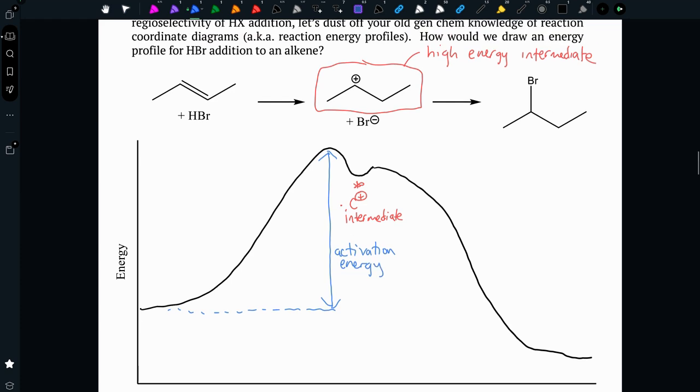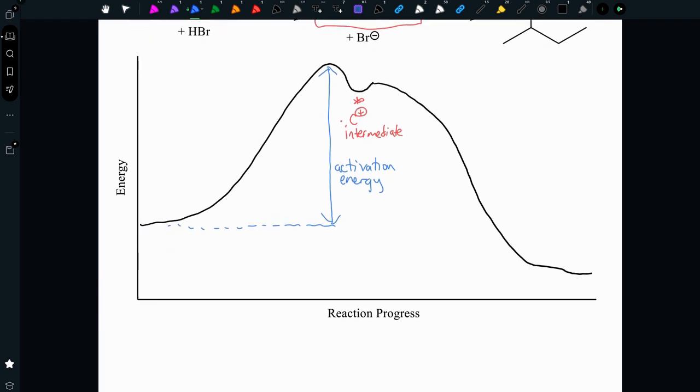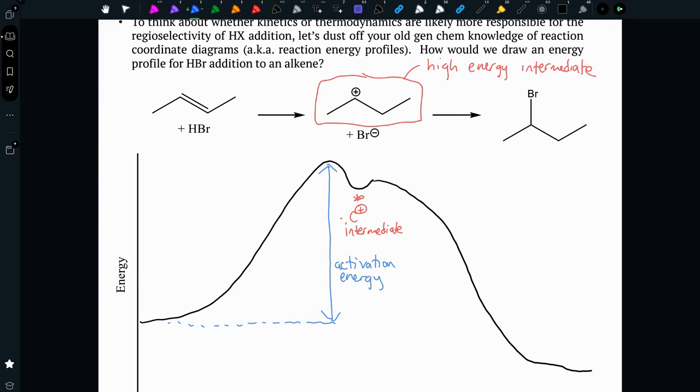And because that first step has such a high hill, that's going to determine how quickly this reaction can happen. So based on that argument, it's not a big logical leap to imagine that the energy of the carbocation is going to play an important role here.